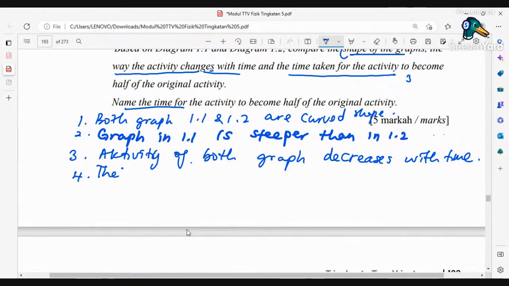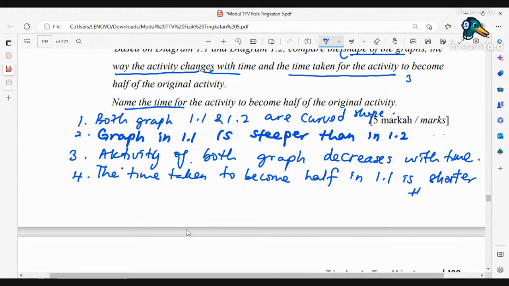The time taken to become half in 1.1 is shorter than 1.2. Okay, don't mention the value. Don't state time taken in 1.1 is 5 minutes, time taken in 1.2 8 minutes. That one is not compare. Yeah? We're just stating only. Okay, so we have 4 only.